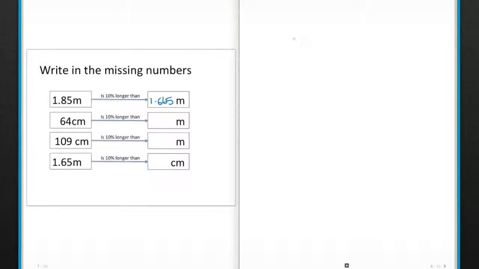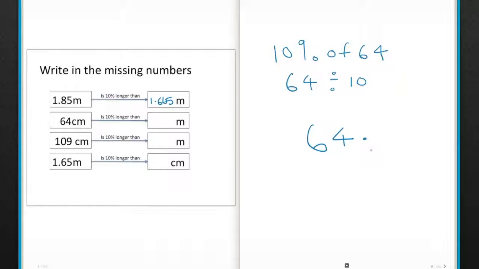64 centimetres, what's 10% of 64? Well, it's 64 divided by 10. So let's have our 64. The decimal point is here. Dividing makes it lower. Left is lower. So the answer is 6.4. 64 take away 6.4.